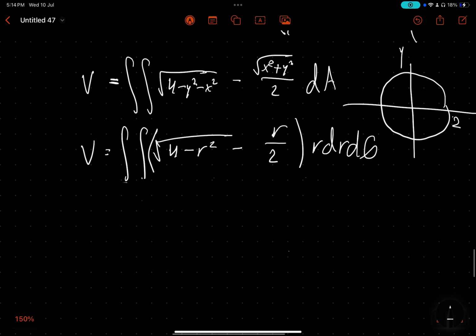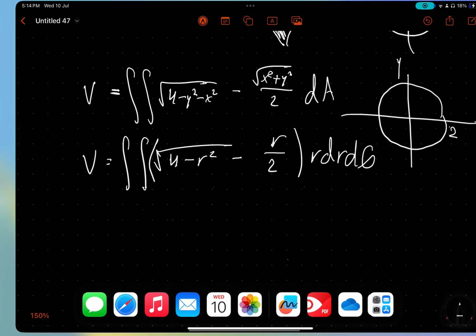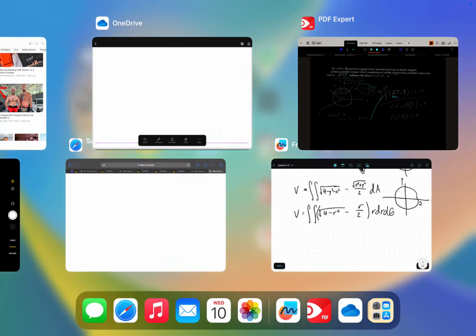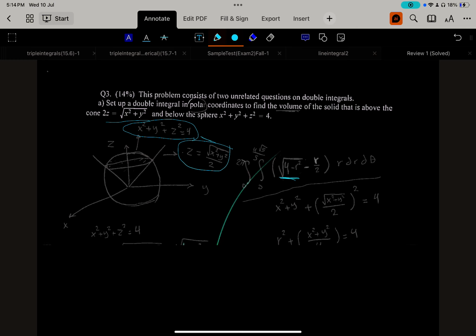Now this is the integral, and so theta is gonna be just, as you can see, yeah.